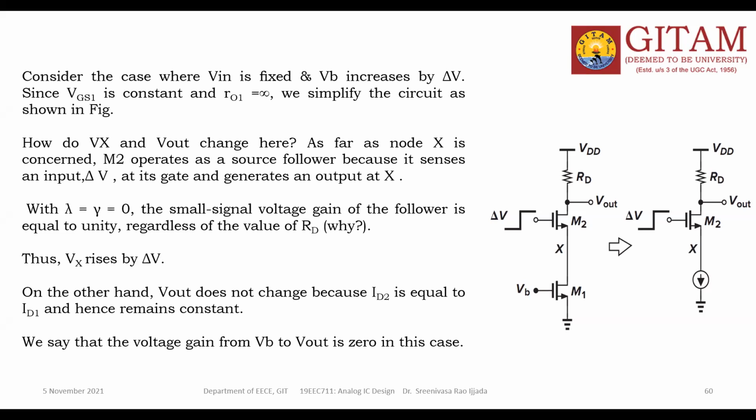And the second case, in reverse, the M2 gate has a variable voltage and M1 has a constant voltage, then what happens? In the first case, definitely you can find the corresponding variation in the output voltage, but in the second case, you won't get any variation in the output voltage.